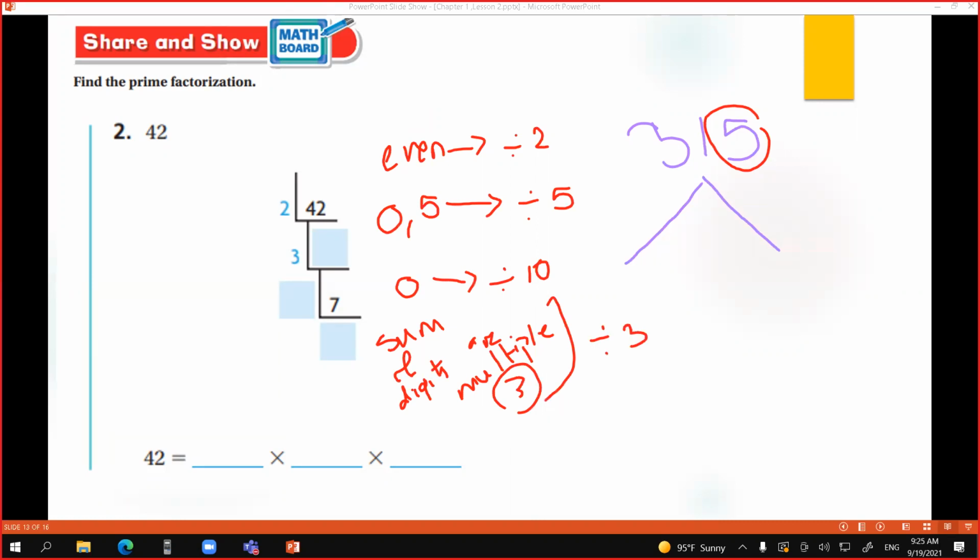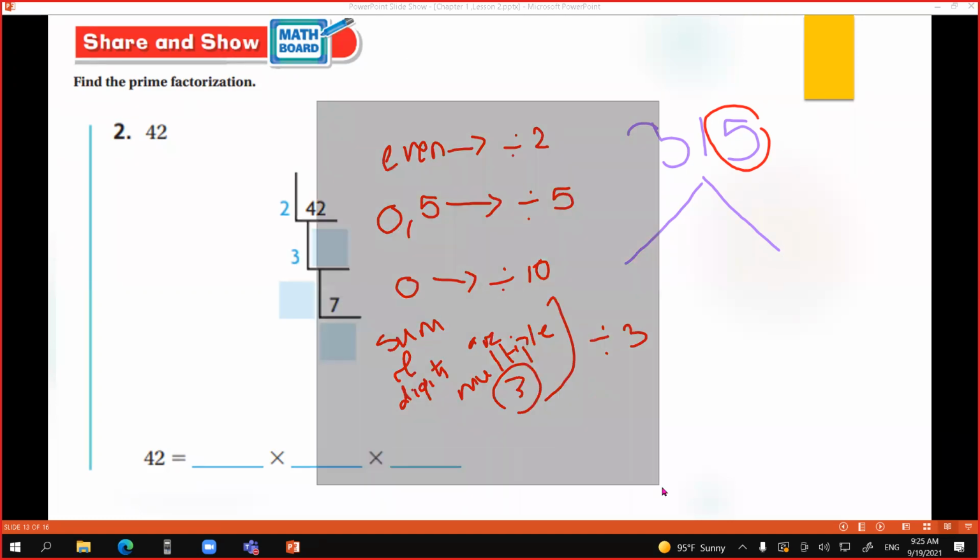Did you remember that? So, if the first digit is even, it's divided by 2. If it is 0 or 5, it's divided by 5. If it is 0, divided by 10. And if the sum of the digits is a multiple of 3, it's divided by 3.